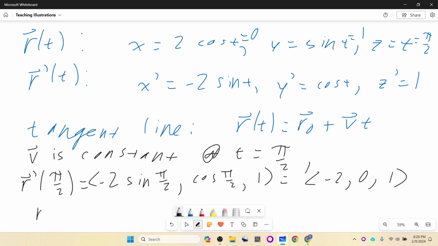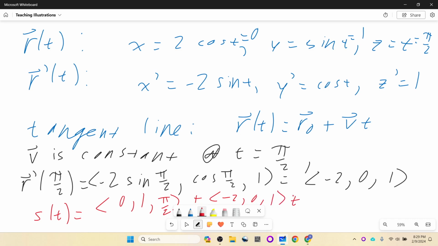Right, so r of t, or let's call it something else. Let's not call it r here. Let's call it s of t. S of t is the starting point, 0, 1, pi halves, plus velocity, -2, 0, 1 t.